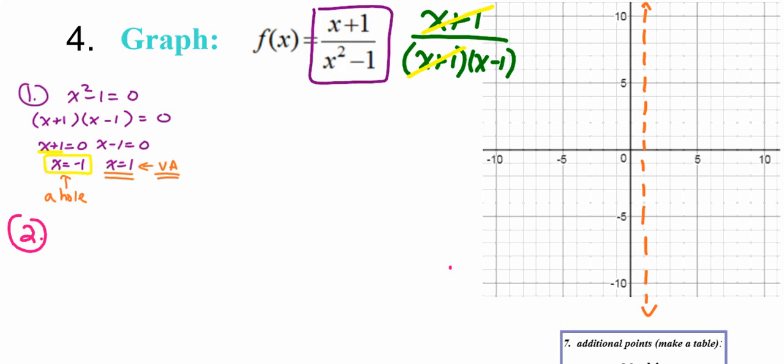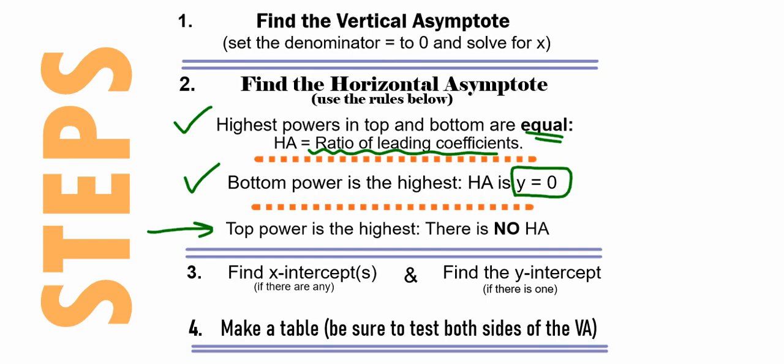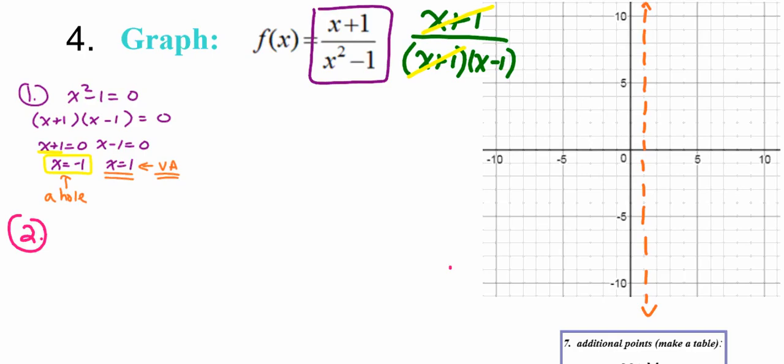Nope. It's our second rule, where the highest power is in the bottom. The bottom power is the highest, so we have our horizontal asymptote at 0. And so we're just going to say y equals 0 as our horizontal asymptote. I love that. We don't have to do any work, do we? We just have to come here and put our horizontal asymptote at 0.